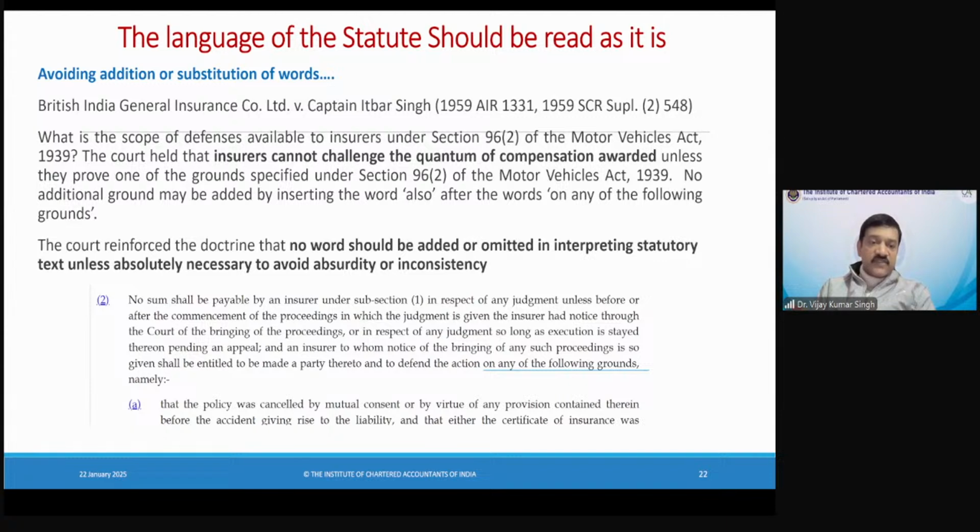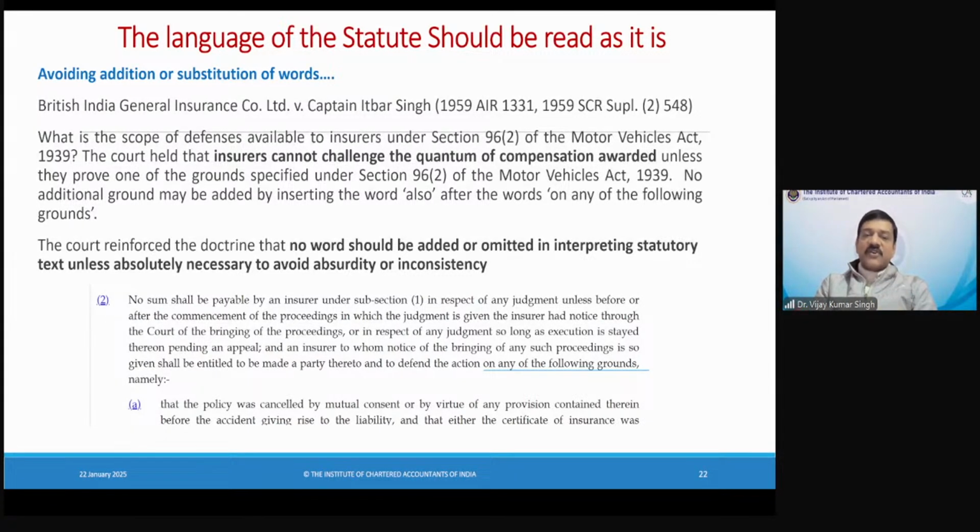So it says no sum shall be payable so and so, so and so. And it is saying on any of the following grounds, comma, namely, and it lists the grounds. Here, the objective of the insurer was that please add 'also' here so that they can include any other ground, other than the listed ones.